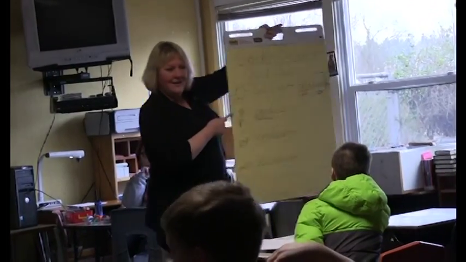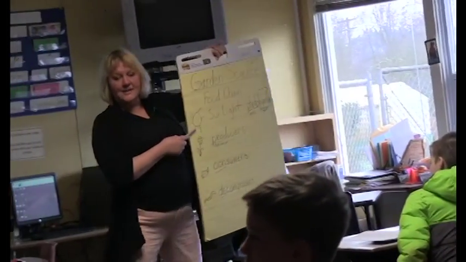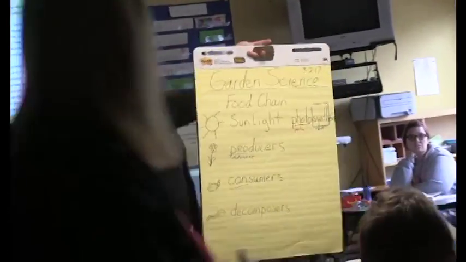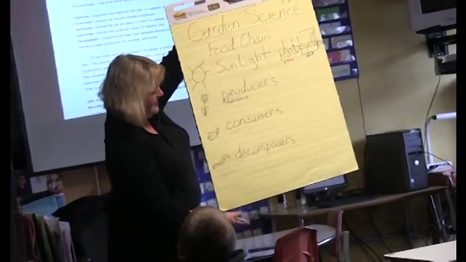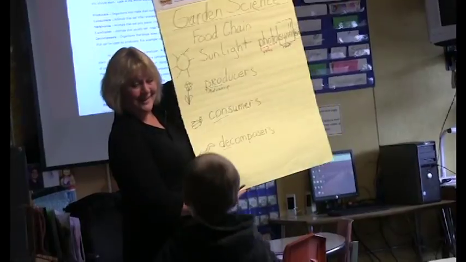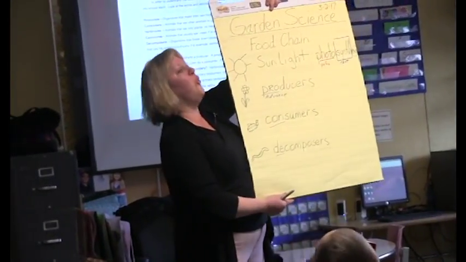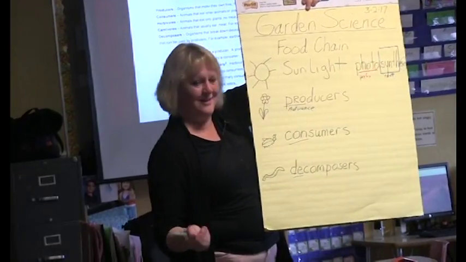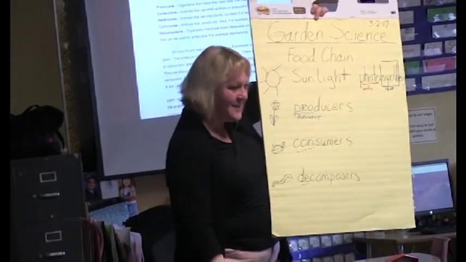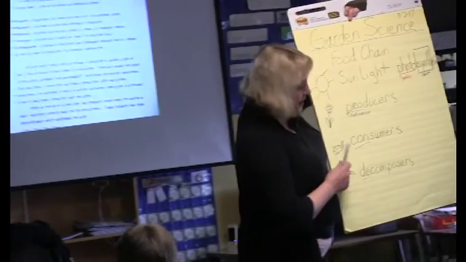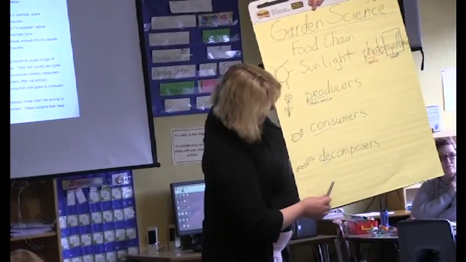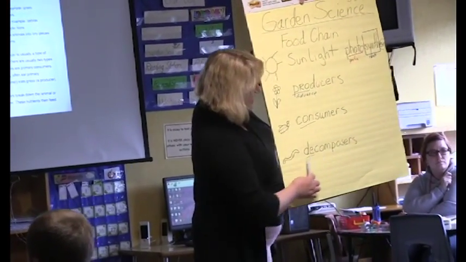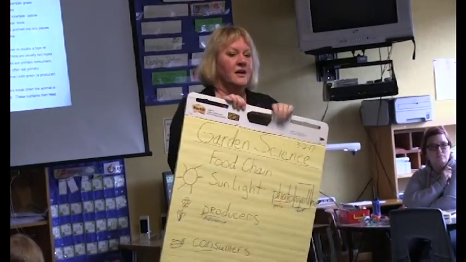Yeah, that's right. Alexander, can you think of one of your favorite animals in the wild that's a consumer? Wolves. Wolves are definitely consumers. What do wolves eat? Meat. Wolves are going to eat meat. They are definitely consumers.